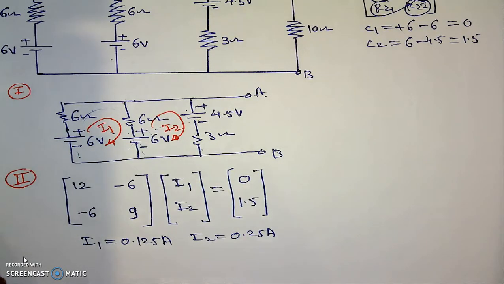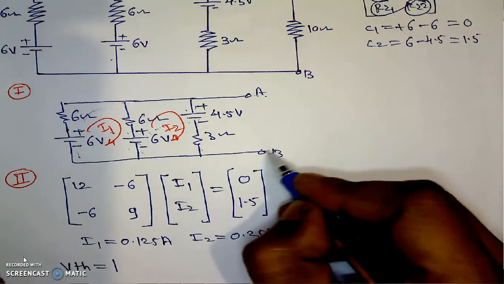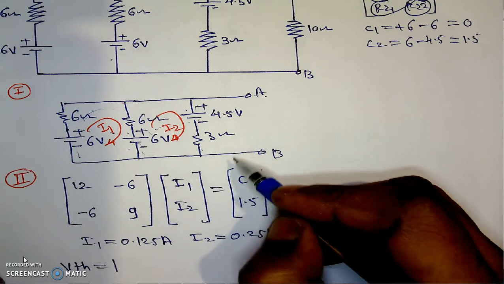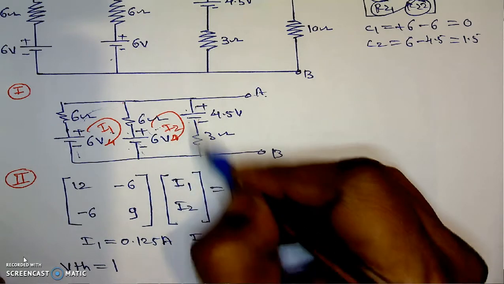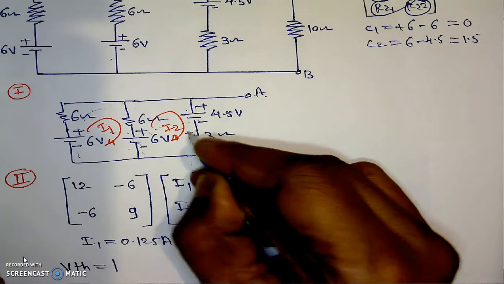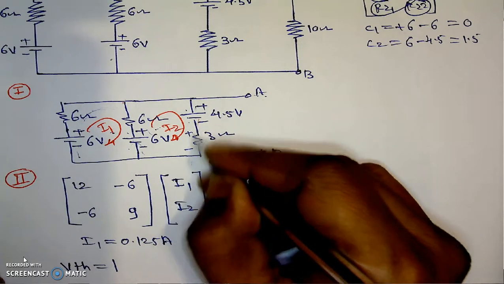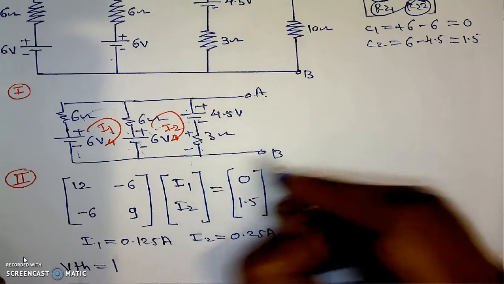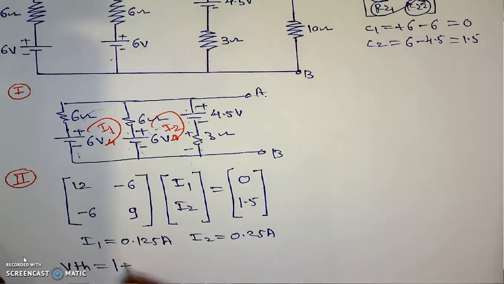Now if we know the currents I1 and I2, we can find the value of VTH, which is equal to the modulus value. We will travel from B towards A. Now we need the polarities. Look at this, I2 is flowing downward. That's why the polarity of the potential for 3 ohm will be plus and minus, because current is flowing in the downward direction. To calculate its potential, moving like this, negative to positive plus 3 into I2, and I2 is 0.25.